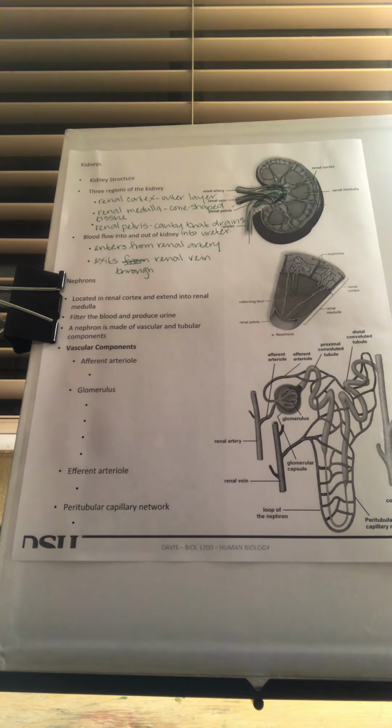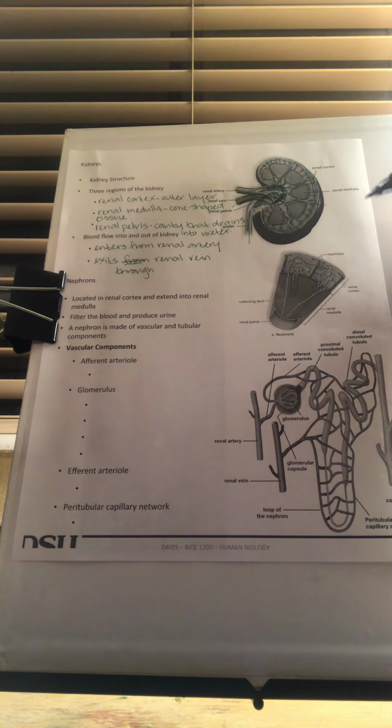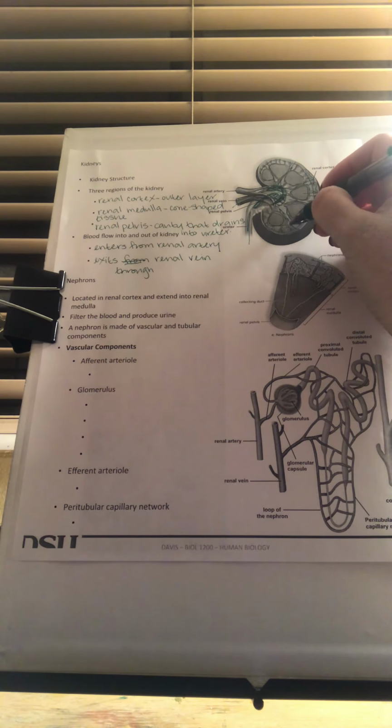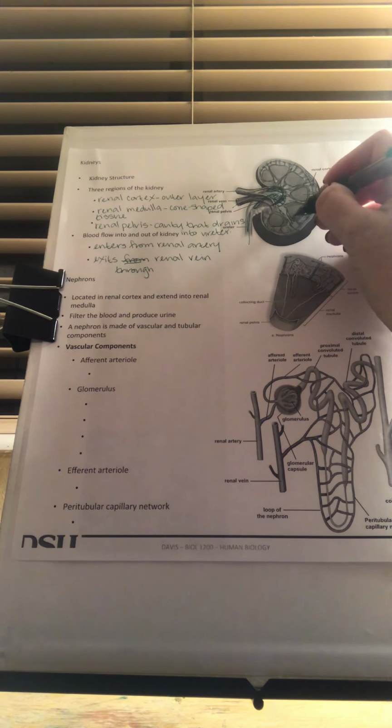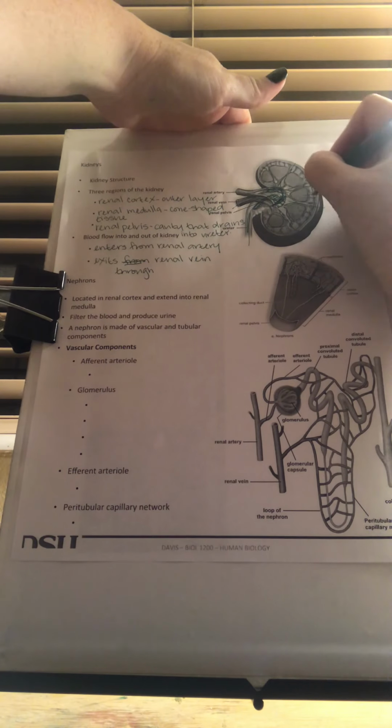All right, so now we're going to talk about nephrons. The nephrons are located in the renal cortex, and they extend into the medulla. So these are attempting to show some nephrons. They would extend down here.